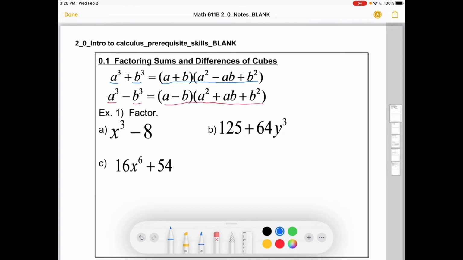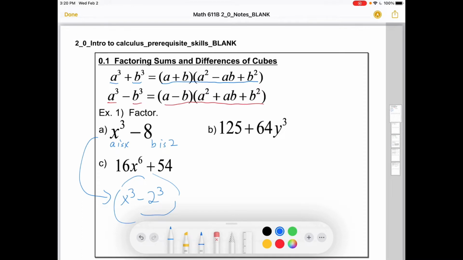So if we have a situation like x cubed minus 8, it's as if our a, the thing that's cubed first, is x. And our b, well, what is cubed that gives us 8? 8 is 2 cubed. So really we have x cubed minus 2 cubed. We could think of it that way.